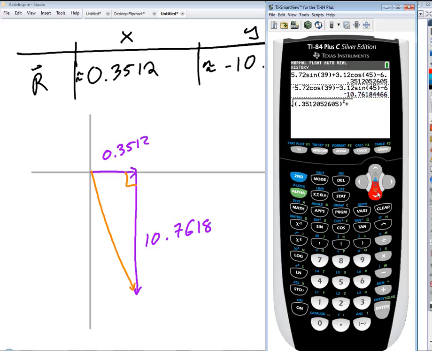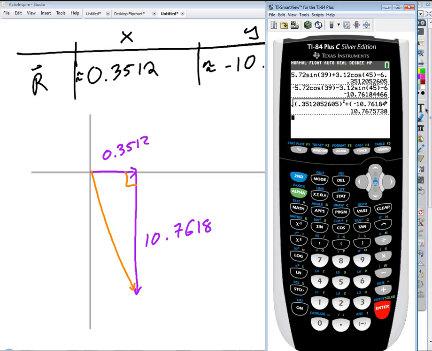I want to go down because it's negative. Make sure I put it in parentheses. That number squared gives me, rounded to 3 sig figs is what? 10.8. Yeah.